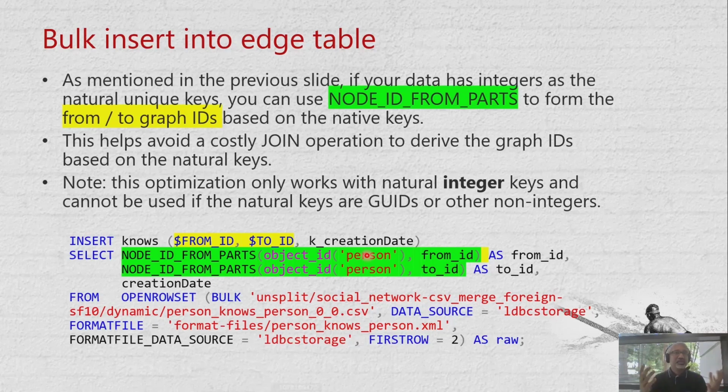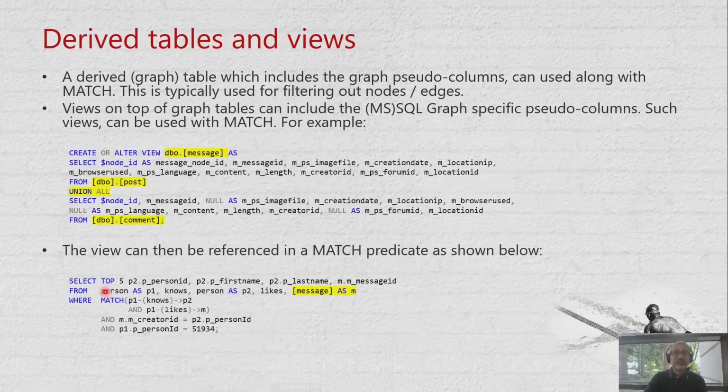You get it, right? So it essentially avoids that complex and costly join. Again, it only works if your natural keys are integers. If they're strings or GUIDs, you just can't use this optimization. So very useful tip if you're going to be doing a lot of bulk inserting into graph tables.